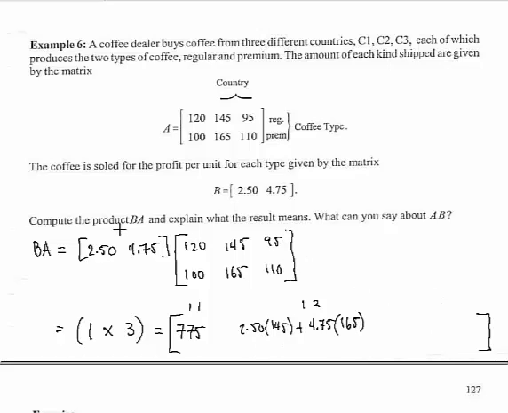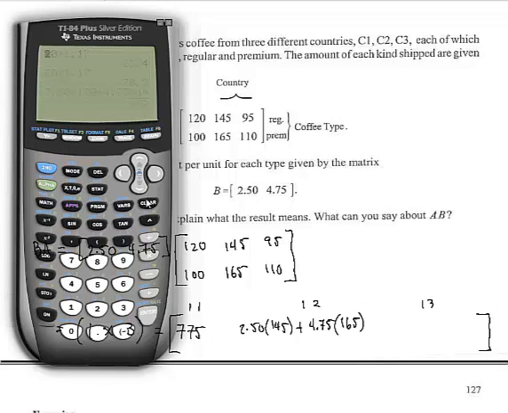I'll go ahead and calculate the second column, and that is 250 times 145 plus 475 times 165.